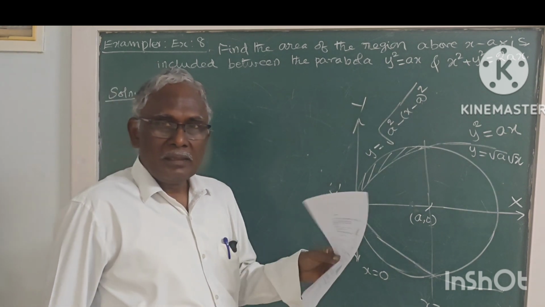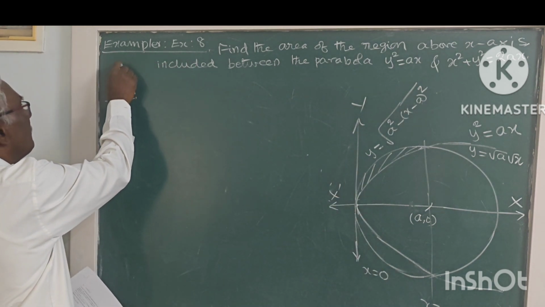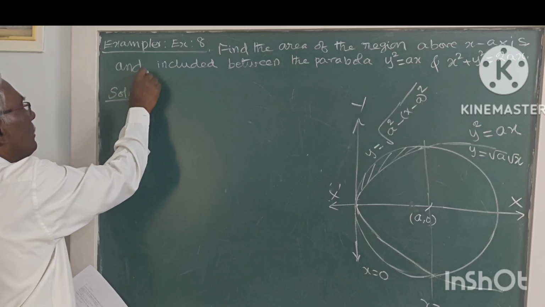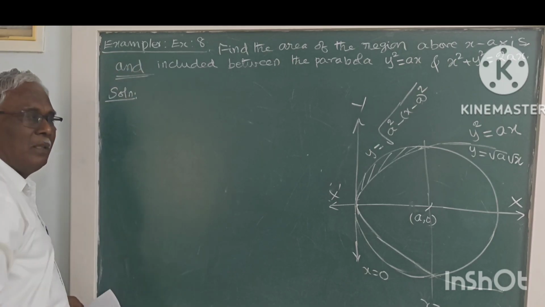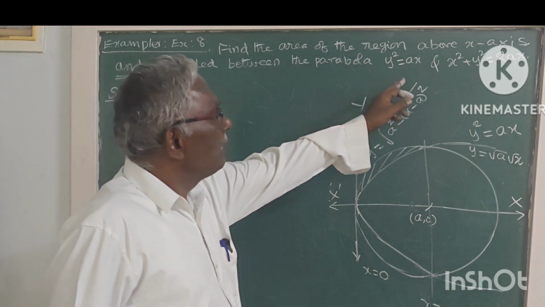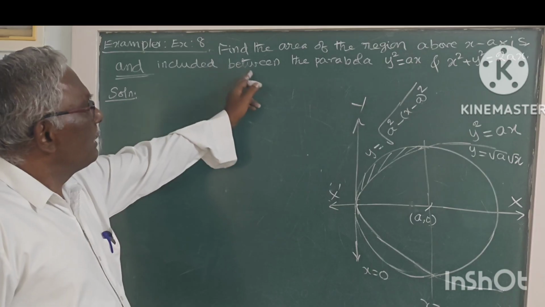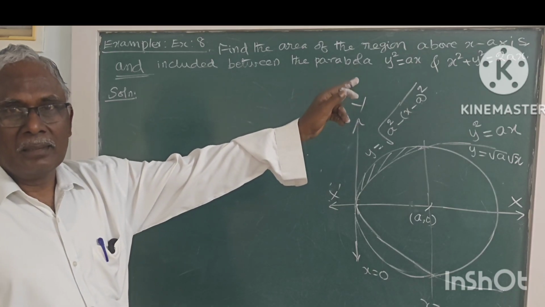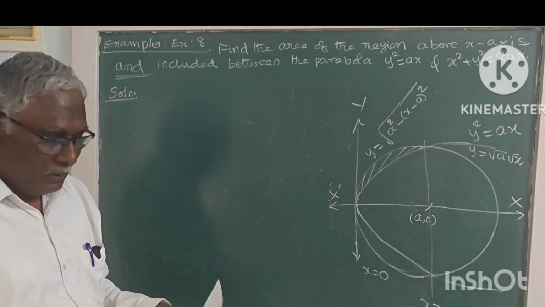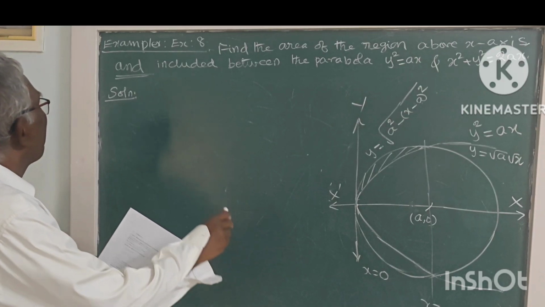Now the same problem, I am just adding 'and' here. Find the area of the region above the x-axis and included between the parabola and circle. Now the problem will be entirely different from what we had done earlier.